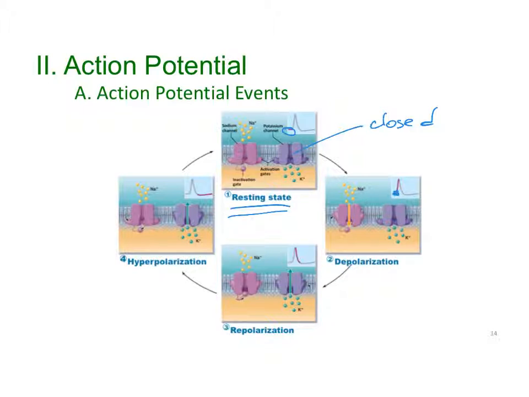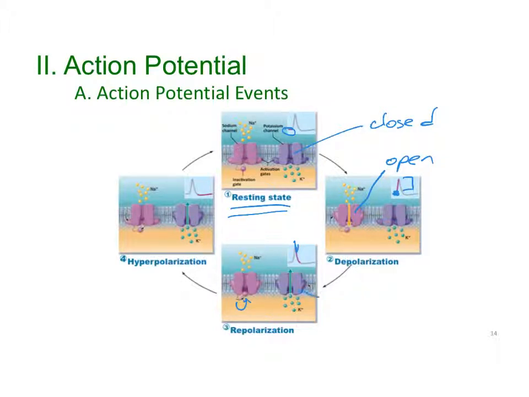And so then the second step is depolarization, where the voltage-gated sodium channels open and the membrane depolarizes. Fairly quickly, we get to full depolarization. The voltage-gated sodium channels get closed by the inactivation gate.